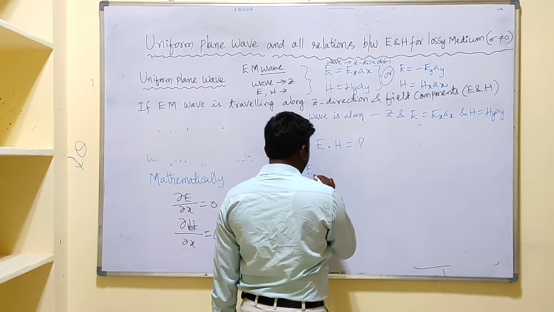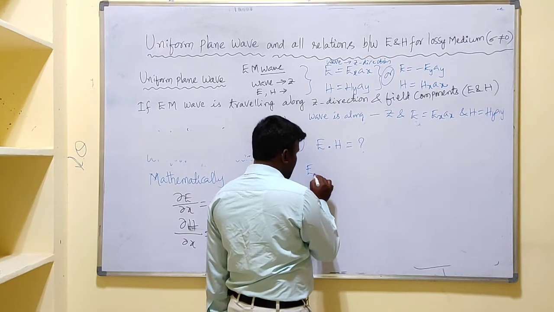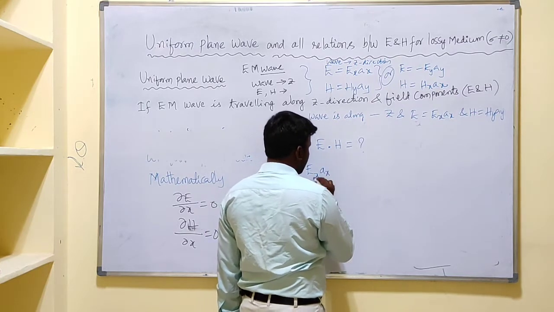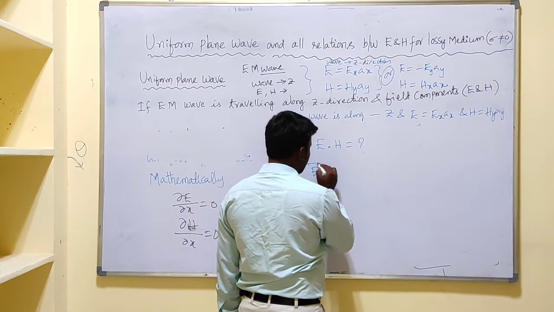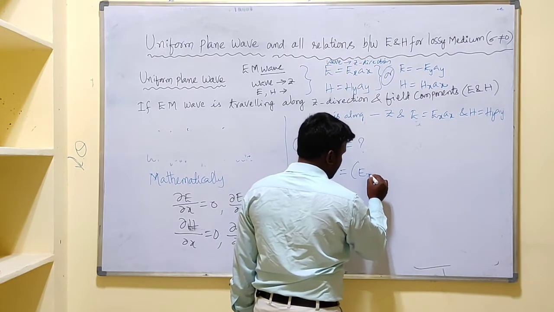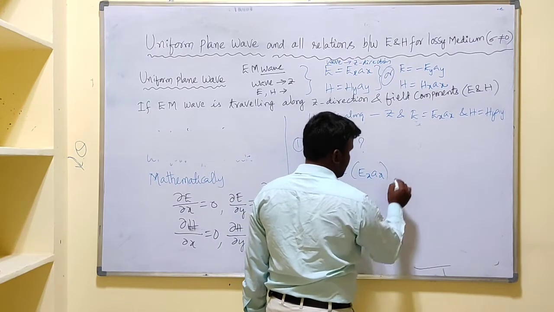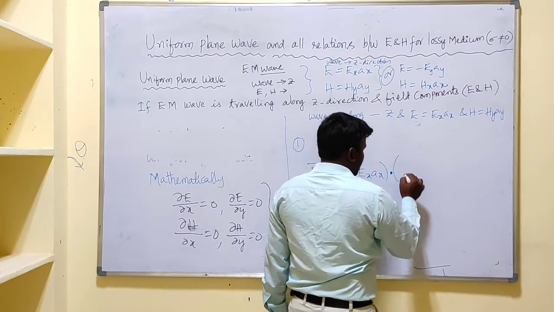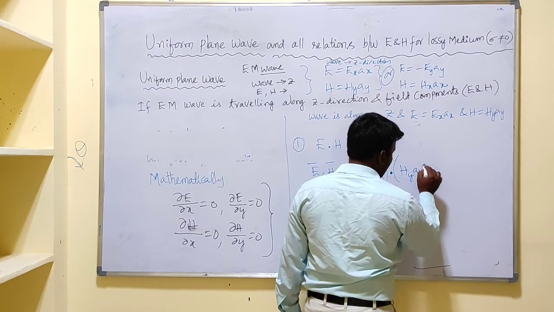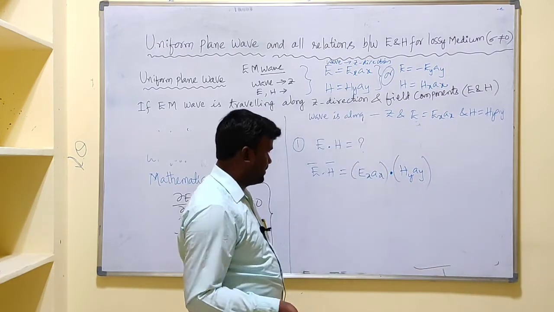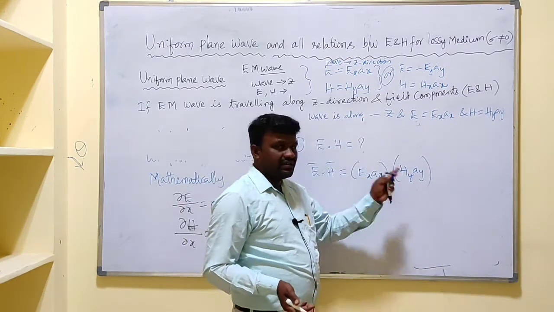E is along the x direction, meaning Ex Ax, and H is along the y direction, Hy Ay. We have a lengthy derivation, but the derivation is not important.